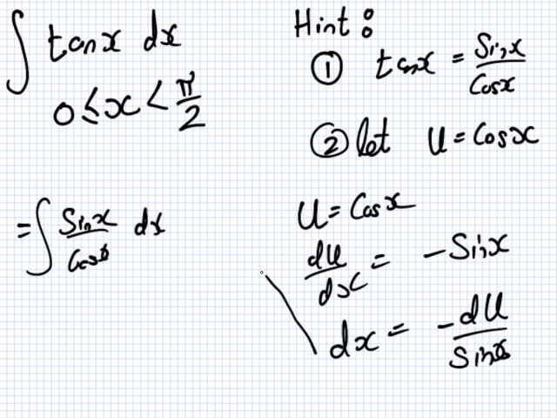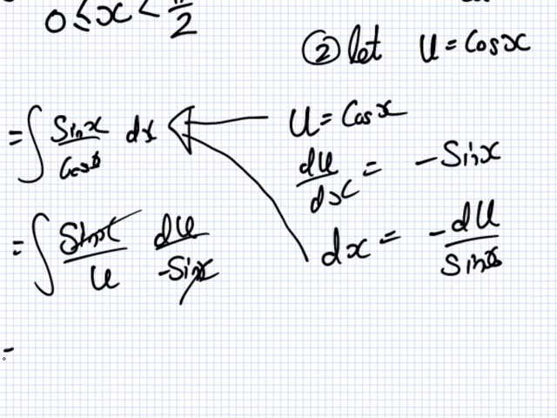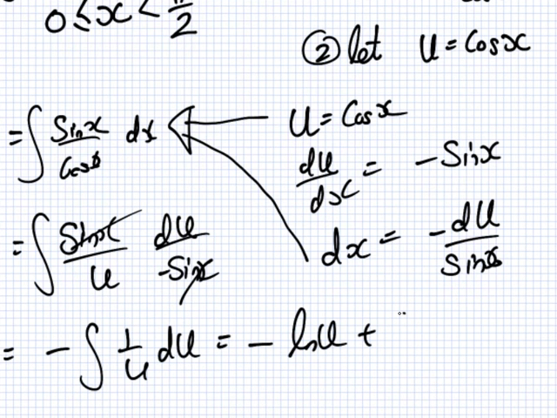I put that back in here, and I get integrate sine x over u, du over minus sine x. Cancel, cancel, and that's minus 1 over u du, which equals minus log u plus c, which equals minus log cos x plus c.